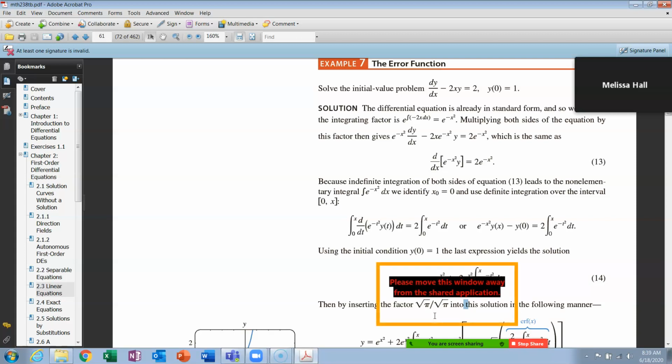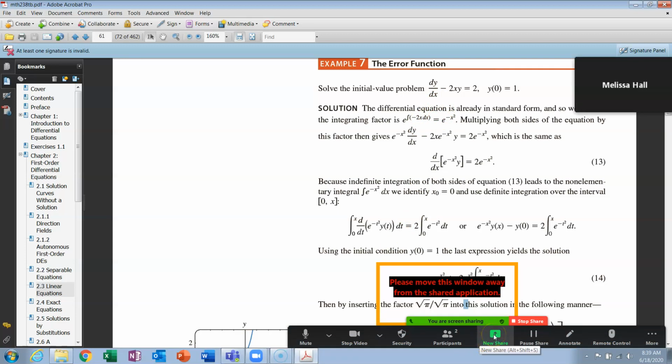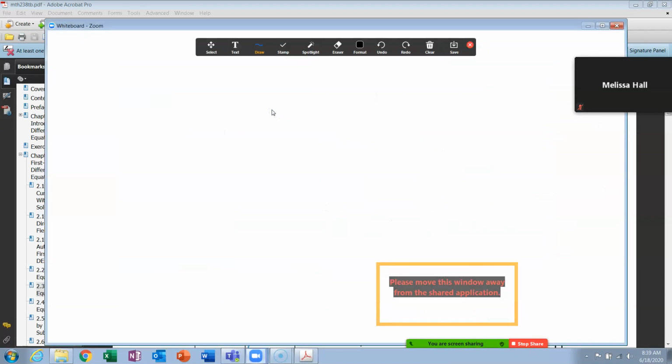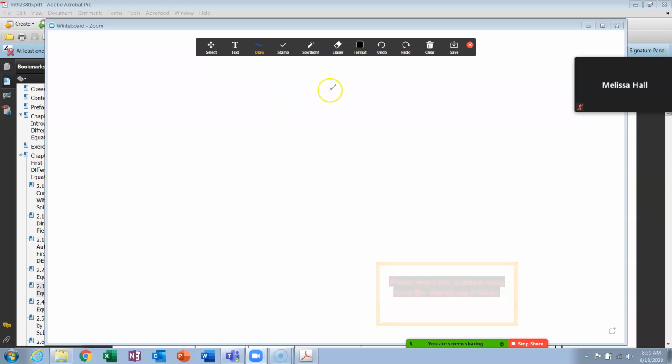Let's solve this differential equation. So, want me to go to the whiteboard? That's where we usually go. Yes, please. Okay, so let's go to the whiteboard. Now I've got to get this taskbar out of the way.